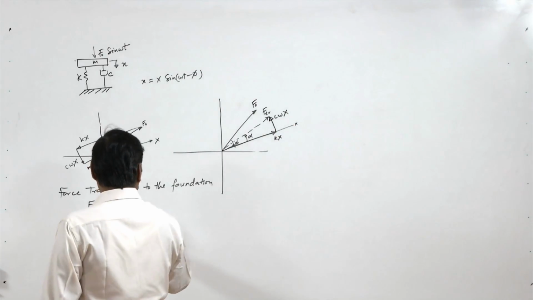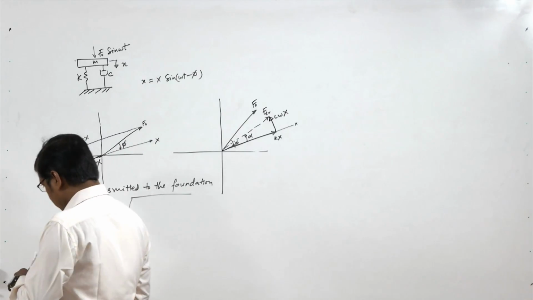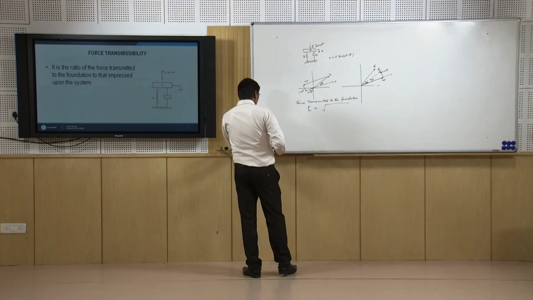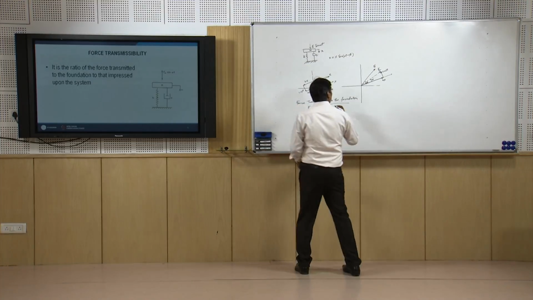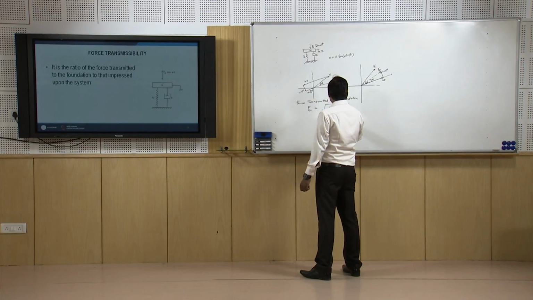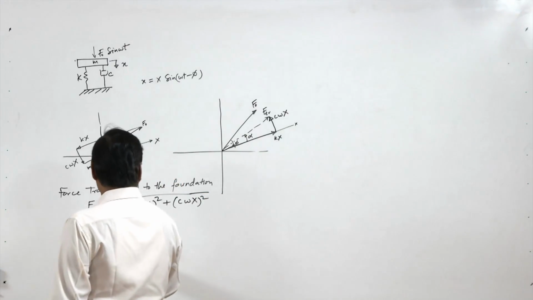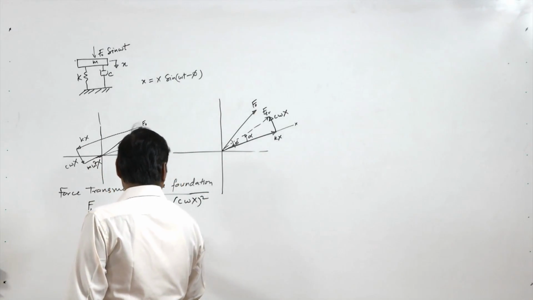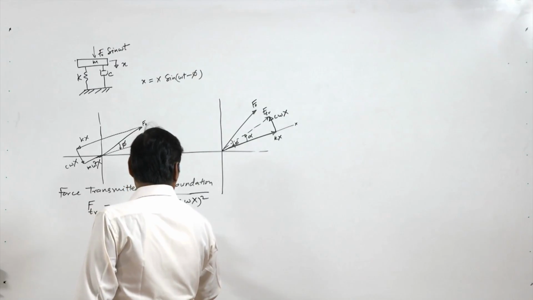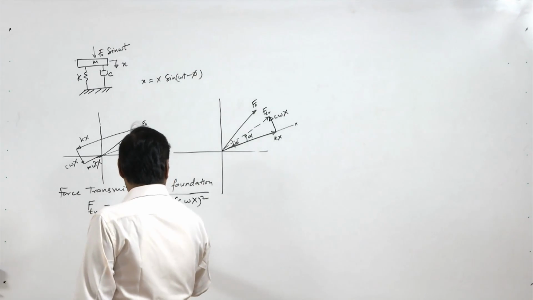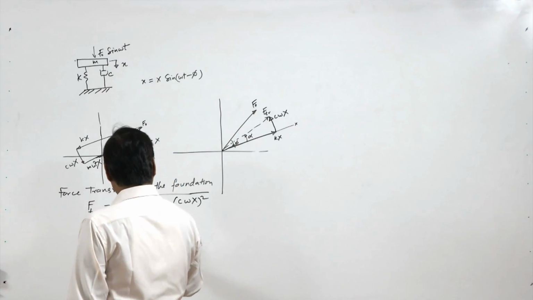So it is under root (kx) square plus (c omega x) square, and so it is under root k square plus (c omega) whole square into x.